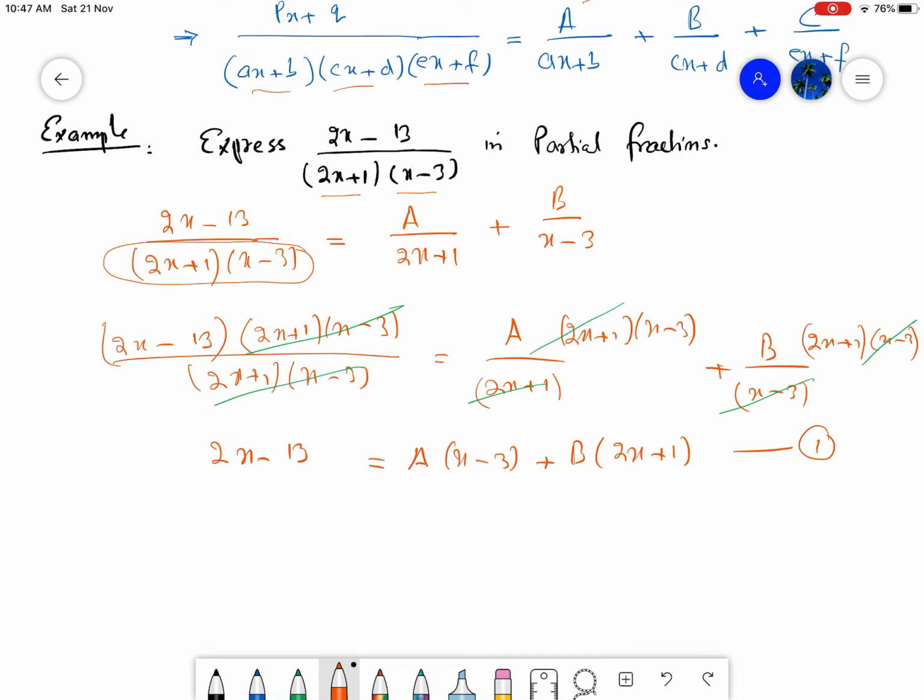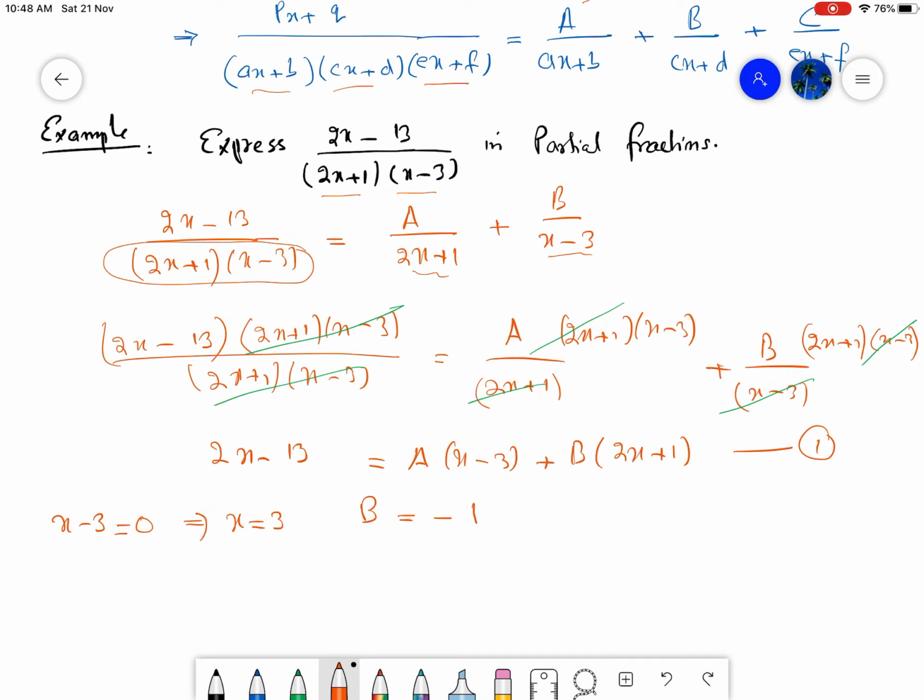Now we have two terms in the denominator. One is x minus 3. If we say x minus 3 is equal to 0, we get x is equal to 3. Inserting this value of x in equation 1, we will get the value of B, which is minus 1. You can check this one.